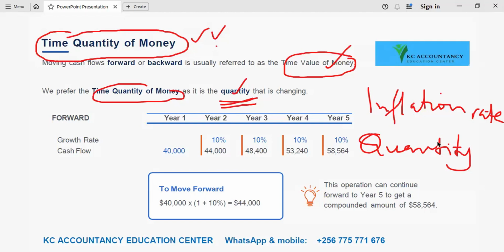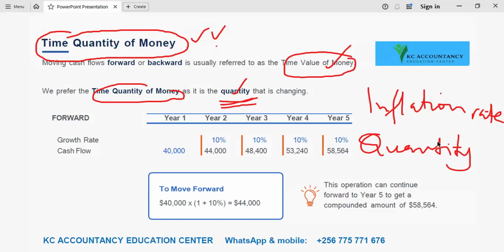Yes, we know the value of money changes over time because of inflation, because inflation erodes or takes away the value of money over time. You may find that something that was costing 1 million US dollars today, in 2 years' time, when inflation is high, may not cost the same. It may cost 10 million.